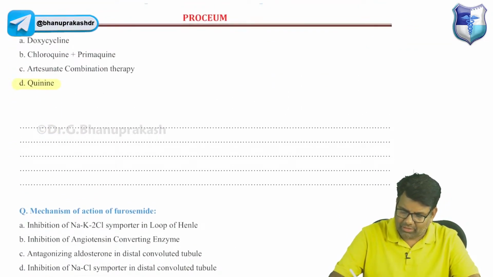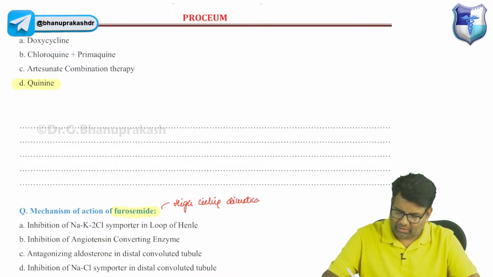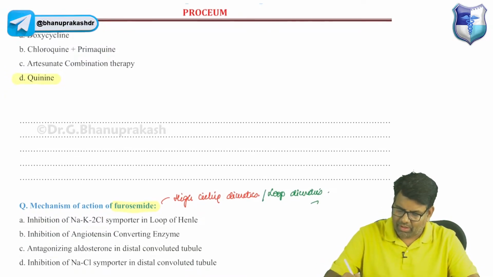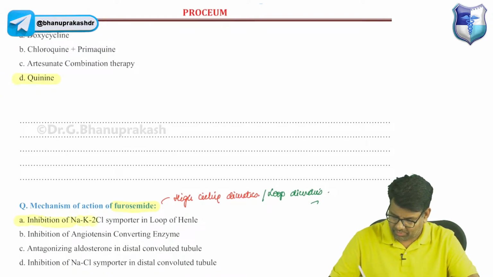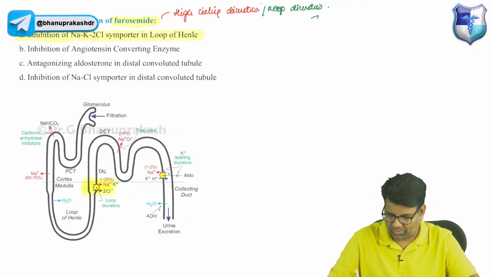Now, mechanism of action of furosemide. It is a high ceiling or loop diuretic. Yes, and these are also known as loop diuretics because they act in the loop of Henle, where they inhibit the sodium potassium chloride symporter. So this is the site of action of loop diuretics, where they inhibit sodium potassium chloride transport.